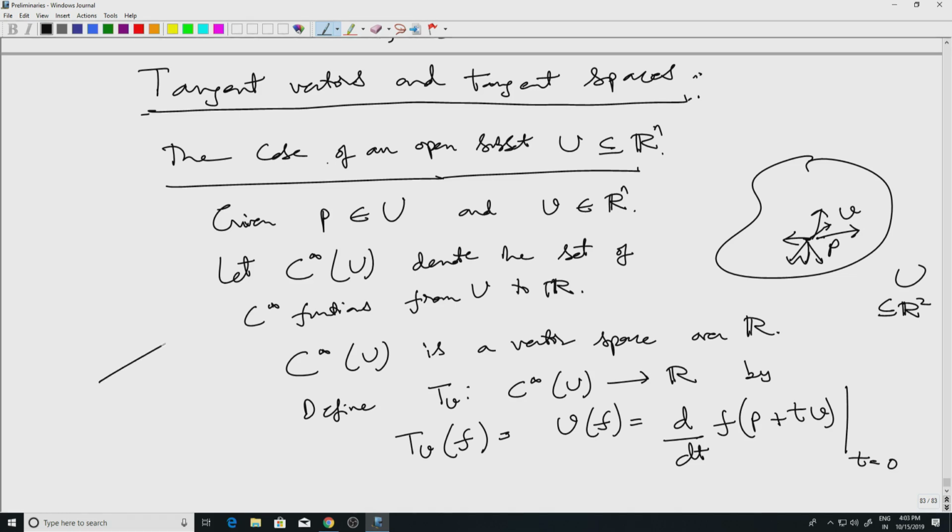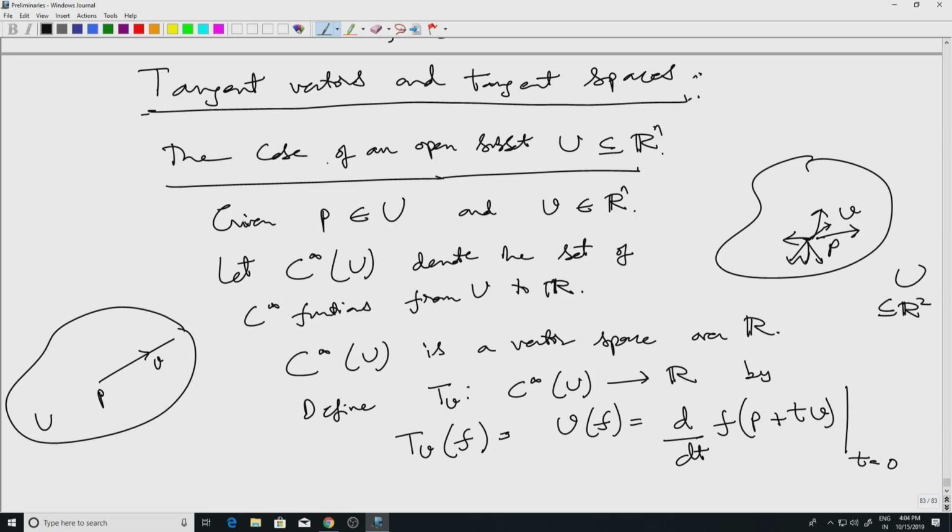So I just look at the straight line starting at P in the direction V. For small t, this line will be contained in the open set U, and small t is all that matters for taking the derivative.